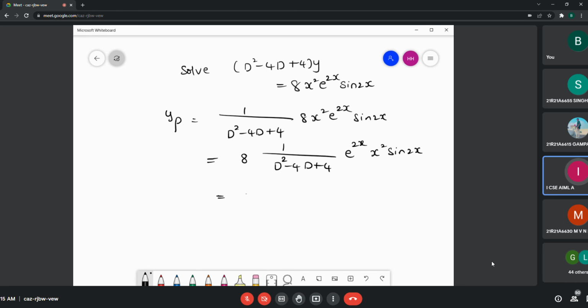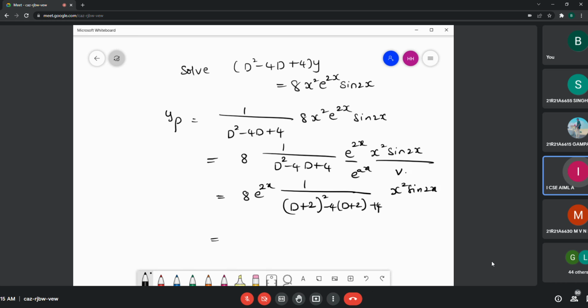So this is 8 into, first this is in the form of e power ax into v. So substitute D by D plus a. So e power 2x into 1 by, D plus 2 whole square minus 4 into D plus 2 plus 4, into x square sine 2x.